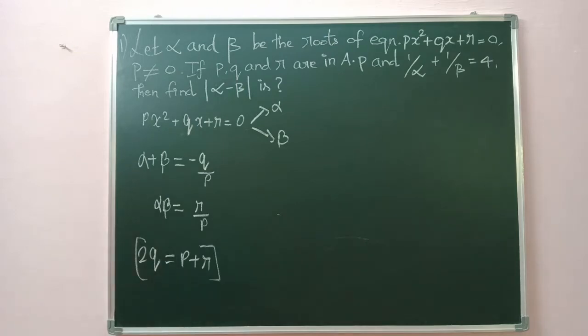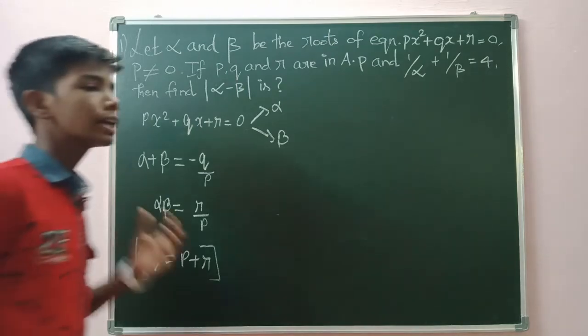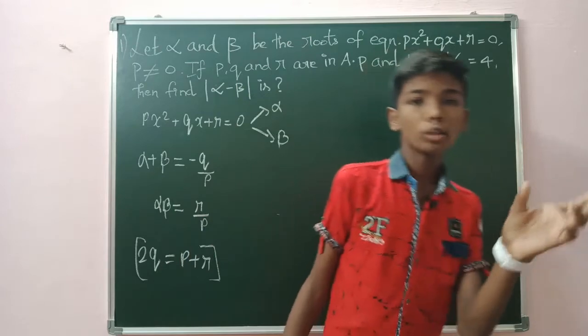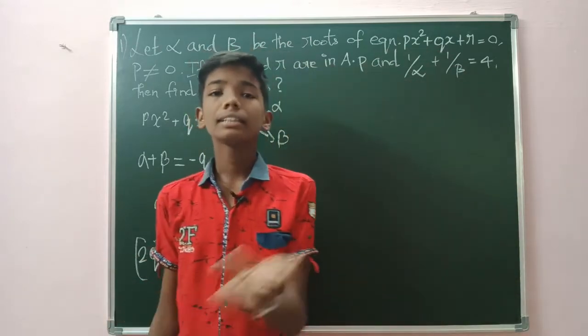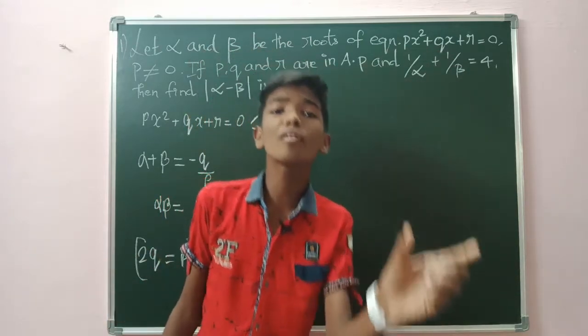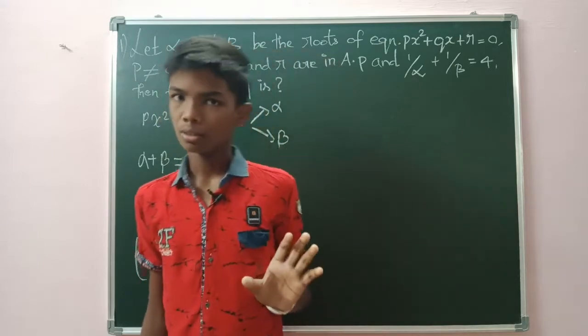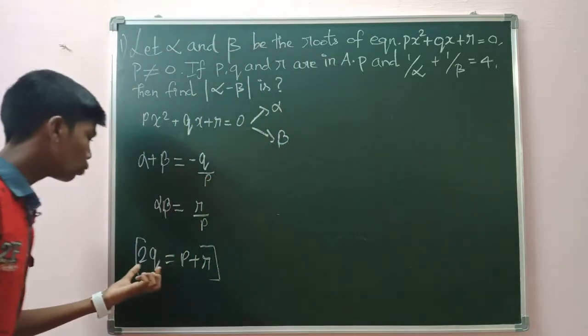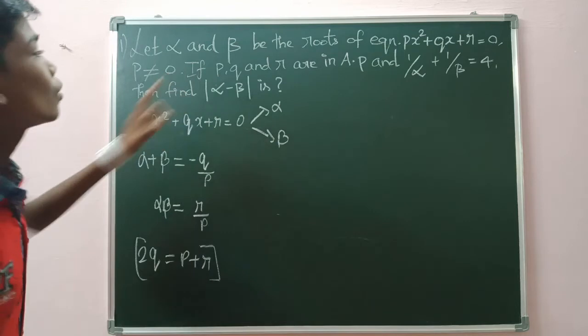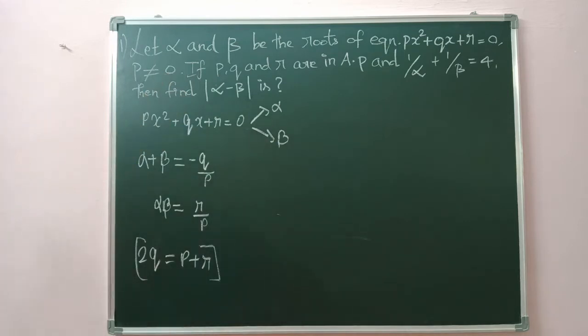That's a property. If a, b, c are in AP, then 2b will be equal to a plus c. That is what I am saying: 2q is equal to p plus r, because in the question it is given as p, q, r are in AP. That's the condition that you guys can use here.